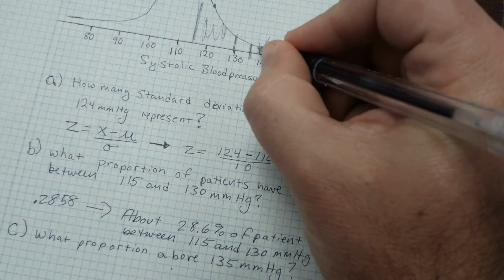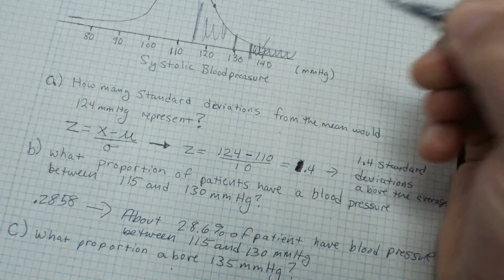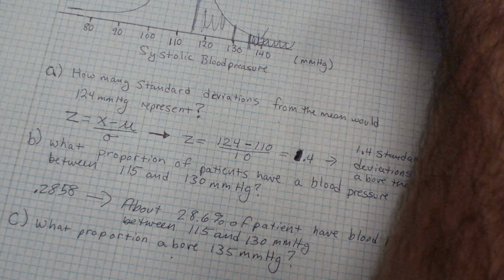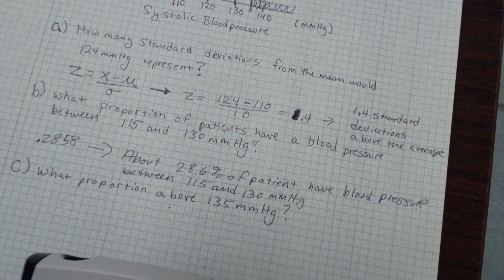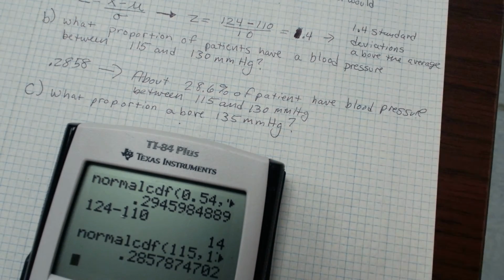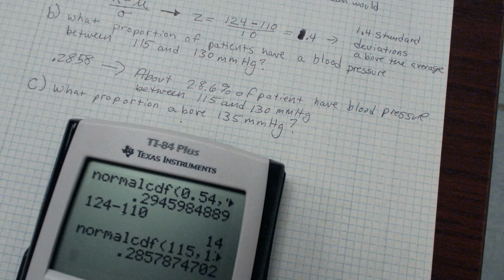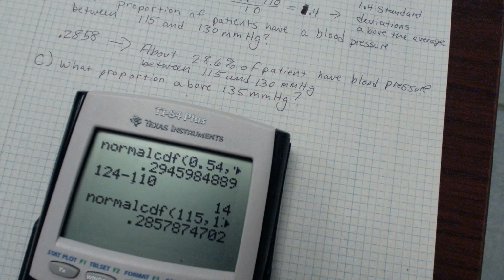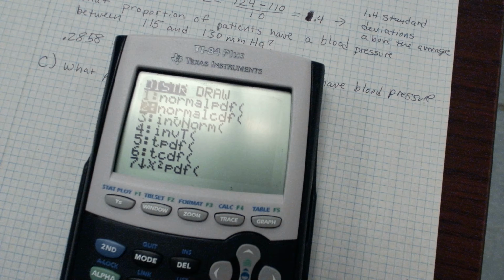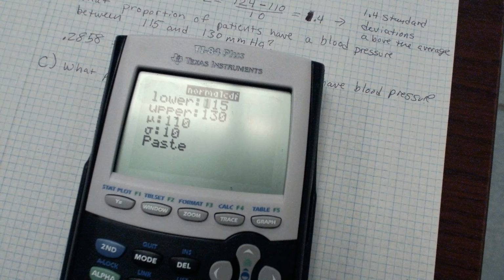We're looking at this proportion towards the end tail, and how to work with your calculator on that is, we don't have an upper bound, so we're just going to come up with a very large number that represents every possible outlier way to the right. You use your normal distribution menu again, so second VARS gets us into the distributions. Option 2 for our CDF, where C stands for cumulative area under the curve.